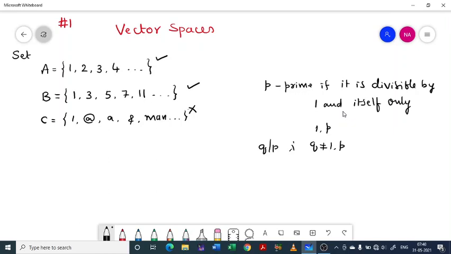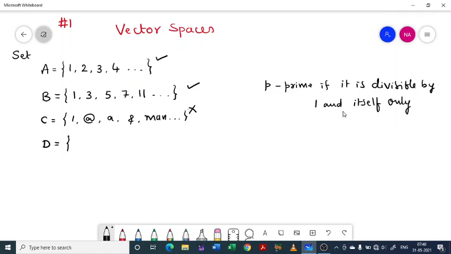A collection becomes a set only if there is an exact relationship between the objects of that collection. Take one more example, D. Let us think whether this forms a set or not.